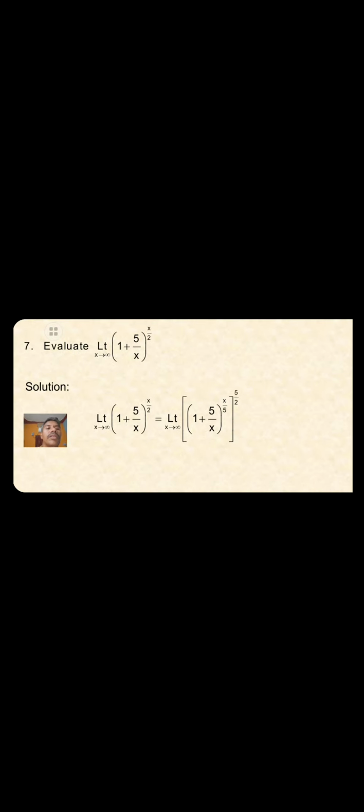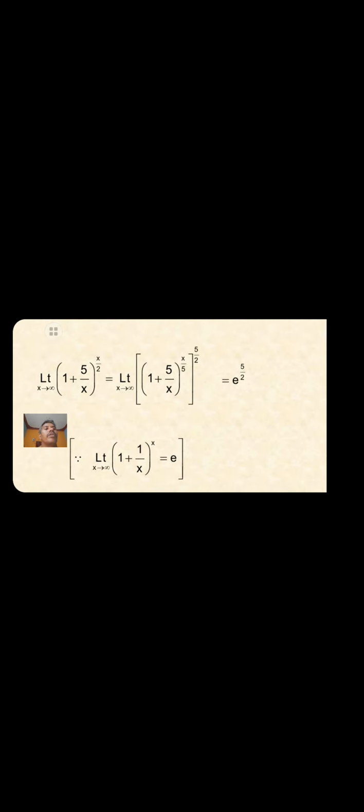Limit x tends to infinity of (1 plus 5 by x) whole power x by 2 equals limit x tends to infinity of [(1 plus 5 by x) whole power x by 5] and again whole power 5 by 2. That equals e power 5 by 2.